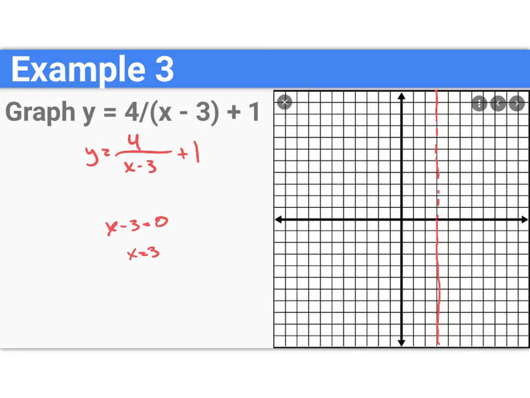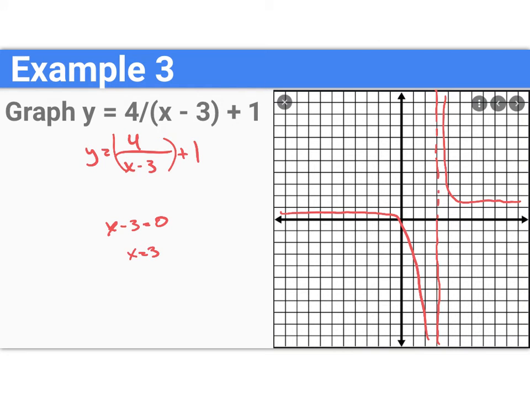And so now, how you put this in the calculator, because this is separate from the plus 1, you're going to have to insert another parentheses. And so our asymptote is at 1, and then we go down, and we go down.